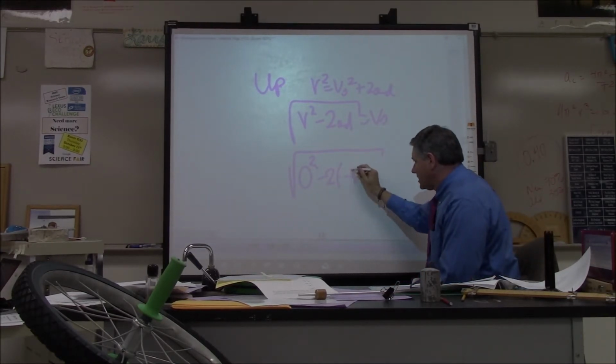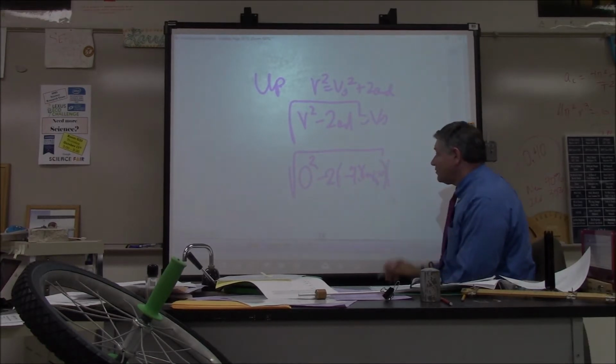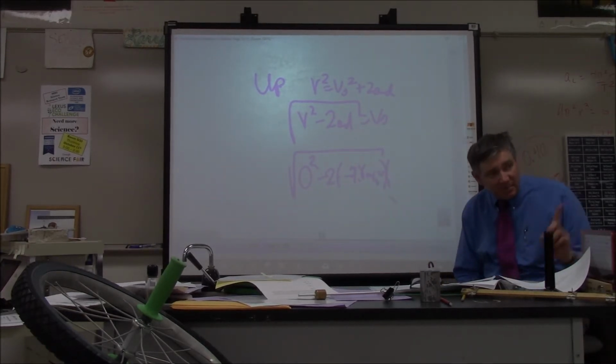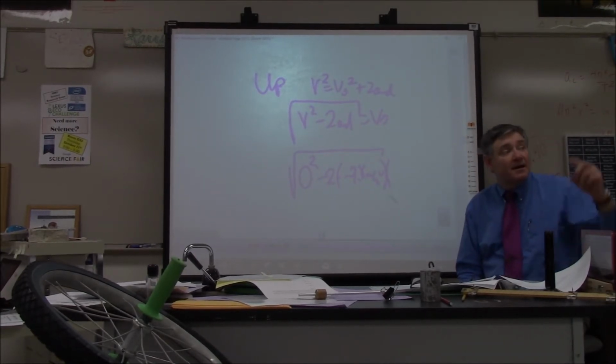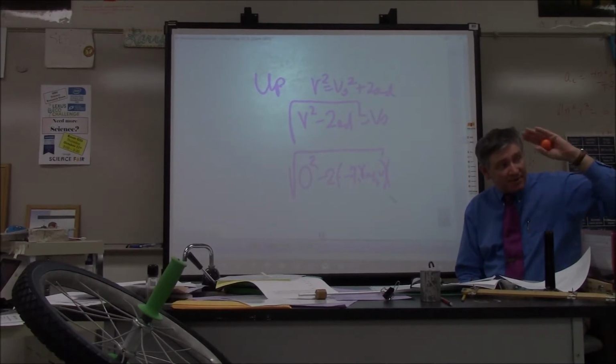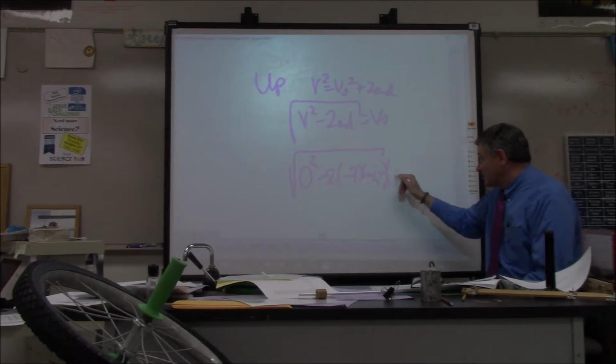Negative 9.8 meters per second squared. Now, on the way up, am I going to put that in as a positive 1 meter or a negative 1 meter? I'm starting at 0 and ending up at 1 meter. So my displacement is going to be positive 1 meter.